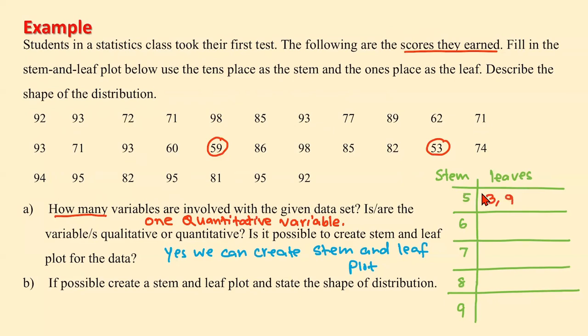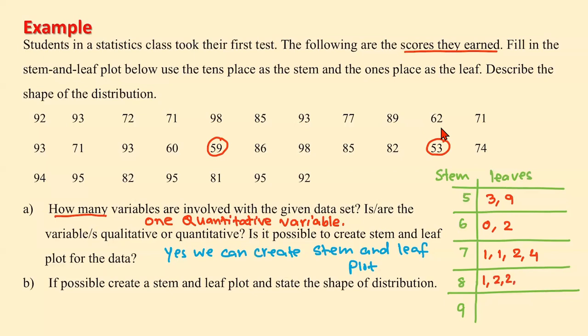Similarly, in 60s, if you look for 60s, here is a 60. And then look very carefully, there is 62. 60, 62. So that's how you can fill it. You have 71, 71, and then you have a 72 and 74. Similarly, you have 81, and then you have 82, 82, 82.